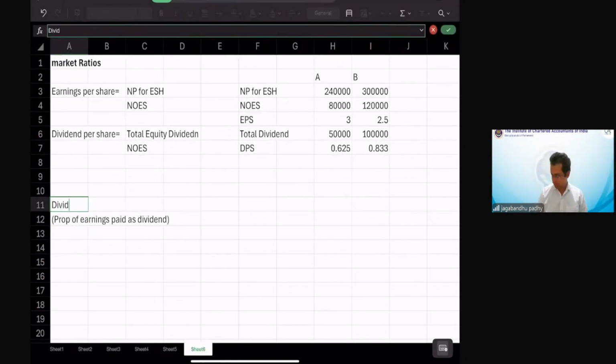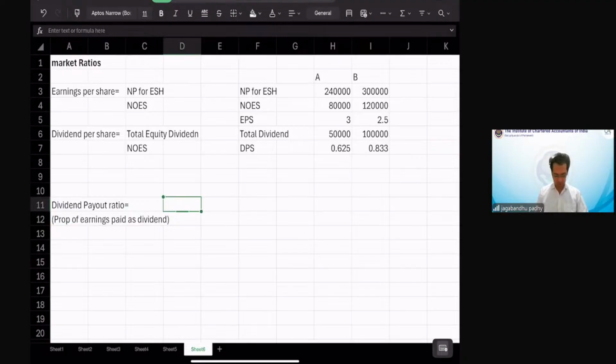That's called the dividend payout ratio.